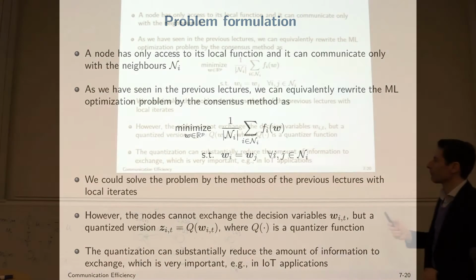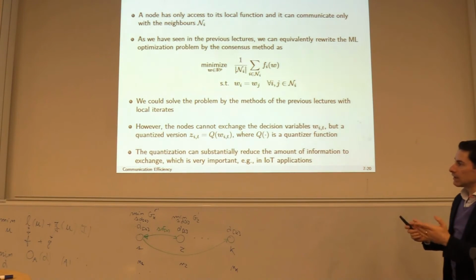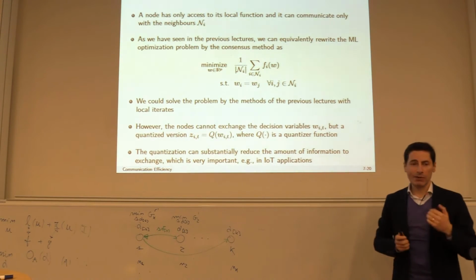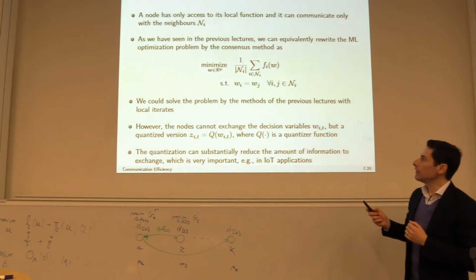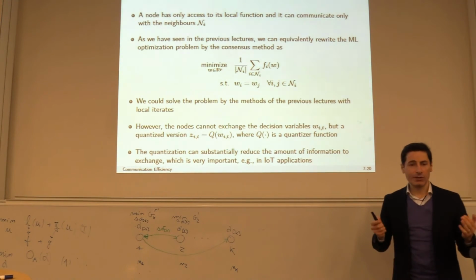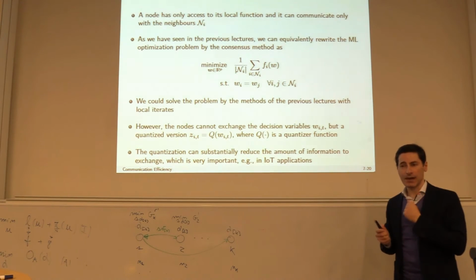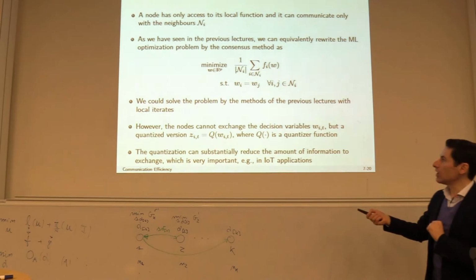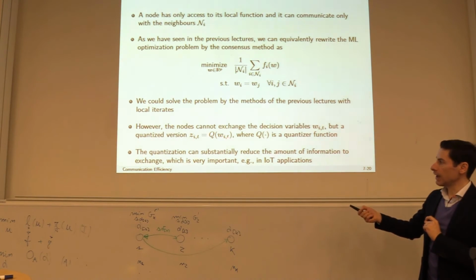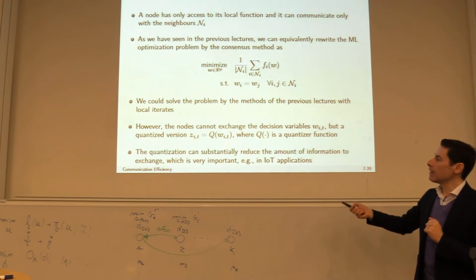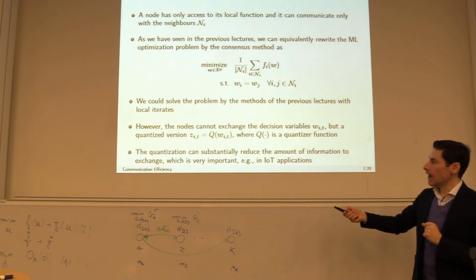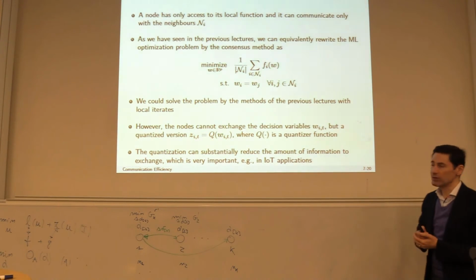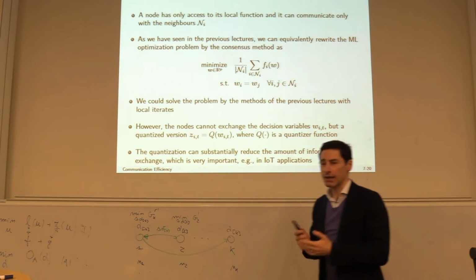The great novelty of this part, compared to what we have done before, is that in the consensus updating iterations, we are not sending the precise variable, but we are sending a quantization of the variable. Instead of exchanging w_i at iterate t, owned by node i at time t, as in the previous lecture, I am sending a quantization z_i^t, which is the result of some quantizer function. It would be whatever quantizer you like.